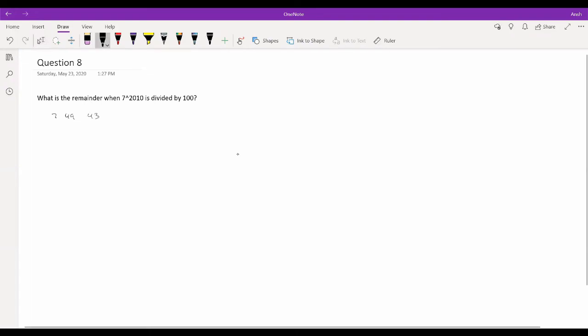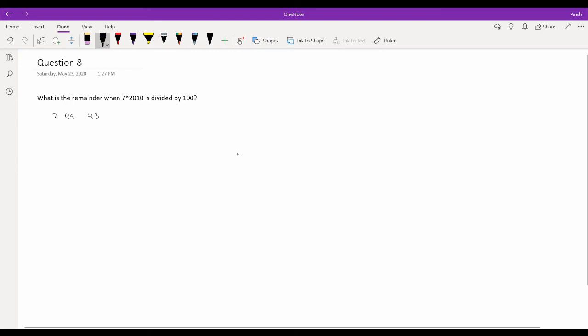It's not really a short cycle because you have 100 possibilities for the last 2 digits, or the remainder when divided by 100. So finding a pattern in the last few digits doesn't really work in this case, right? And 7 isn't really a nice number to do binomial expansion. I mean, you could do 10 minus 3 to the 2010, but that's not very nice.